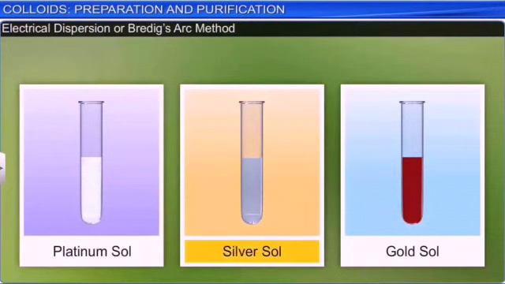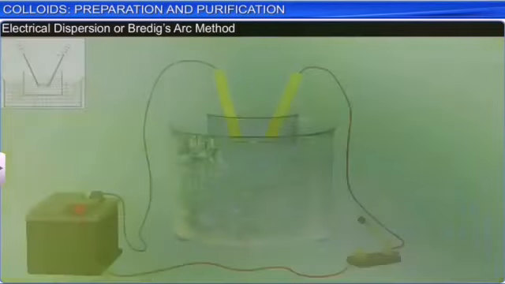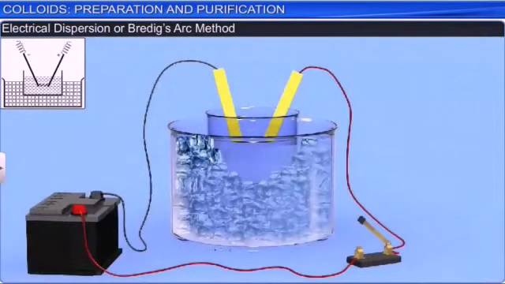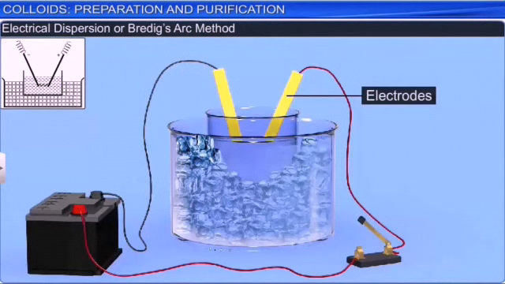In this method, two electrodes of the metal whose colloidal solution is to be prepared are immersed in the dispersion medium and an electric arc is struck between the electrodes.